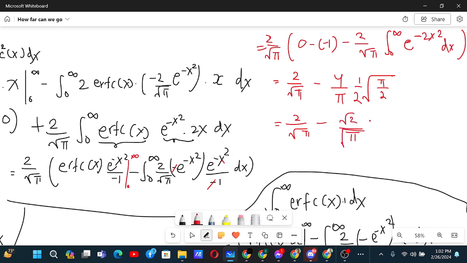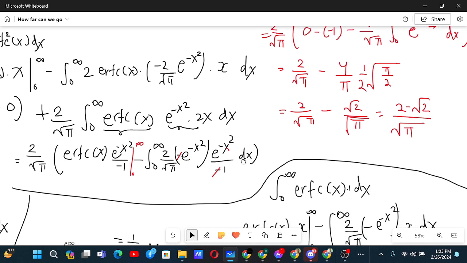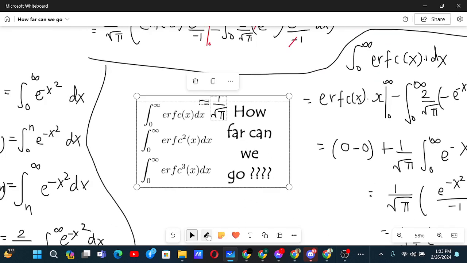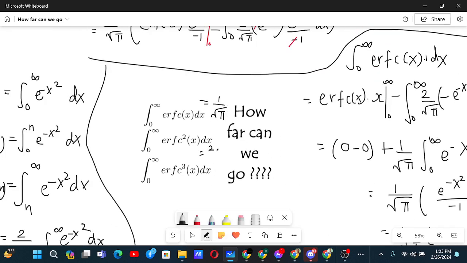Is it? Okay, so now we have the answer 2 minus root 2 by root pi, and that is the correct answer. Let me write that over here: 2 minus root 2 by root pi.